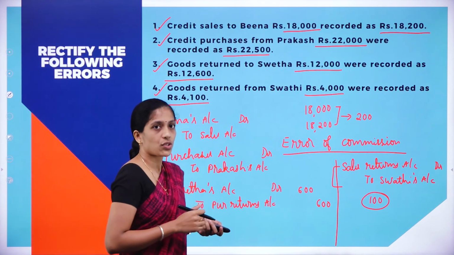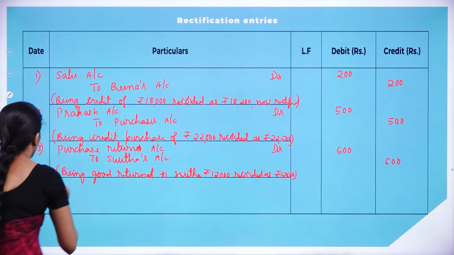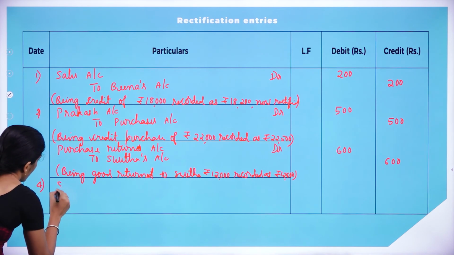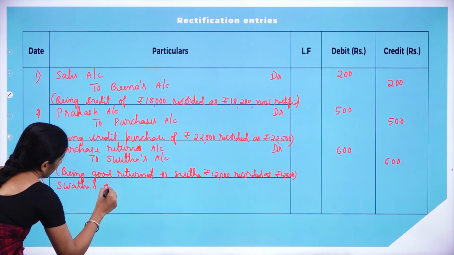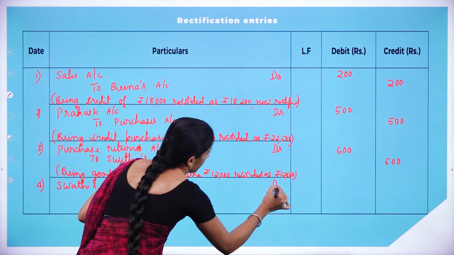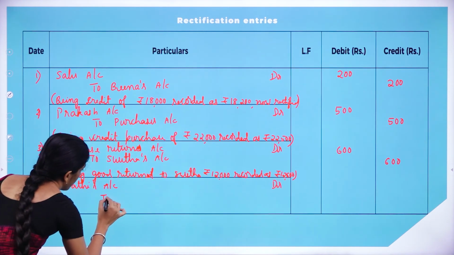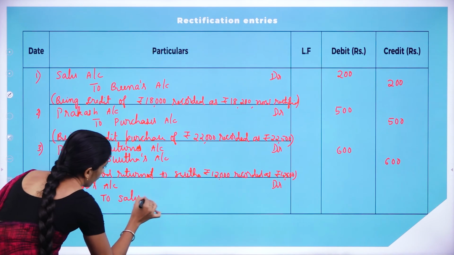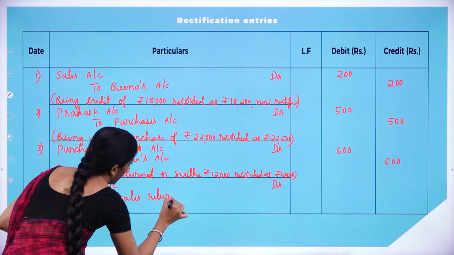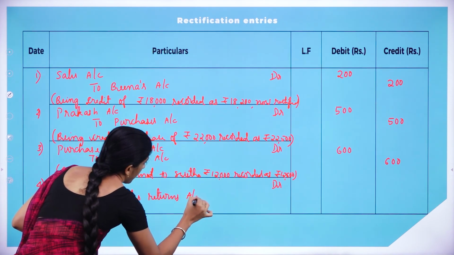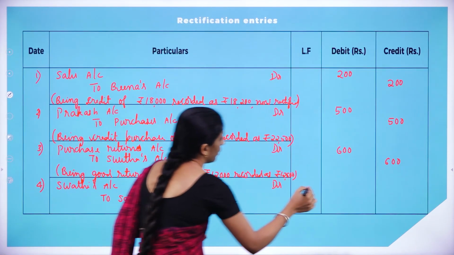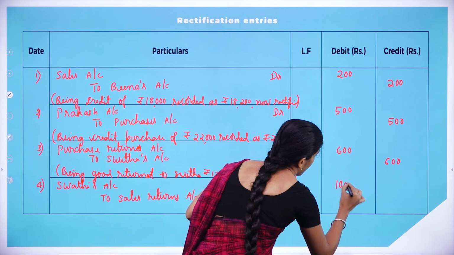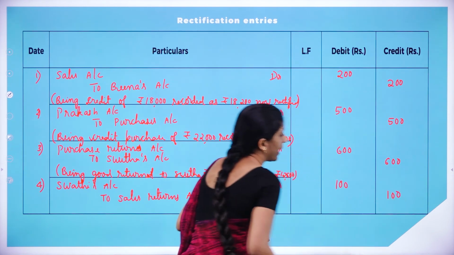So we shall record this transaction. It is fourth one, Swati's account debit to sales returns account. How much amount? That is 100. 4,100 minus 4,000, so we'll get 100.